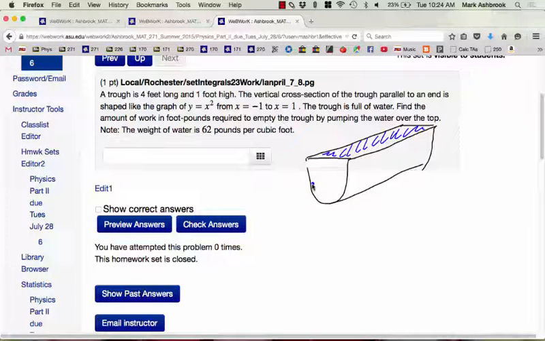Again, we're looking at a typical layer, right? A typical layer, just like that. And so we want the work to get that typical layer of water out the top of the tank.